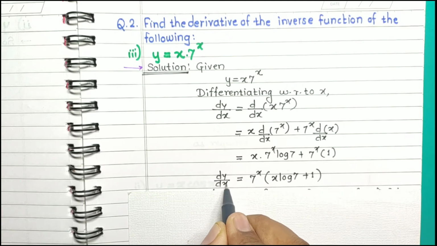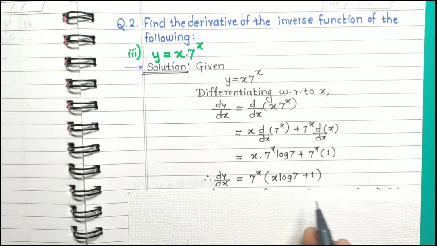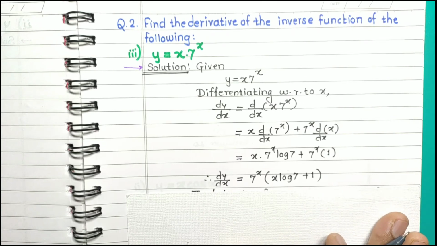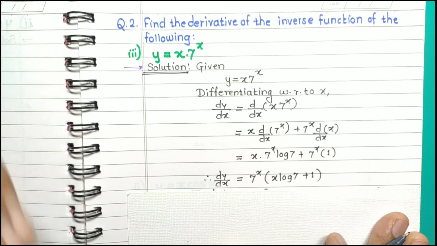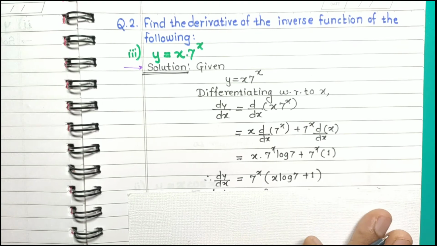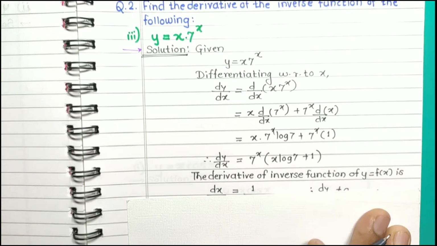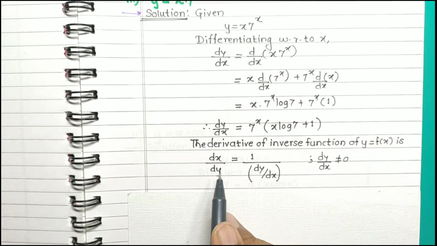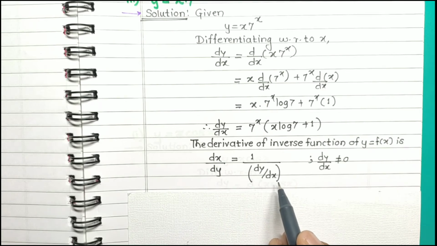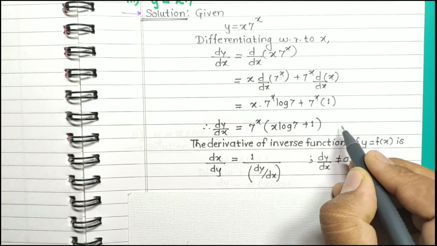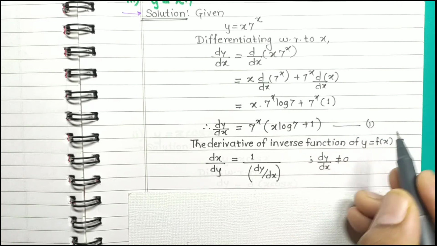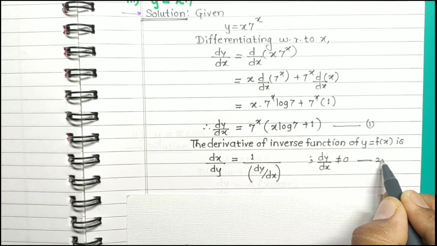And using this derivative dy by dx, we can find the derivative of its inverse function, which is dx by dy. So for this we have this result, dx by dy is equal to 1 upon dy by dx. So let's call it equation number 1 and call it equation number 2.